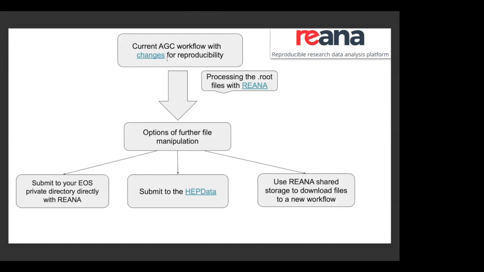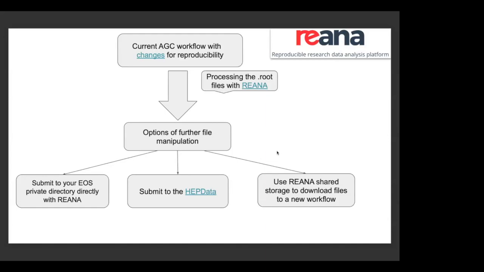So okay, we have our current AGC workflow, with all the changes for reproducibility, which processes the ROOT files, and then you can submit them directly, as I discussed, to HEPData, or you can use REANA directly. If you use REANA, you can download from the previous REANA workspace to a new one by using the REANA client tools.